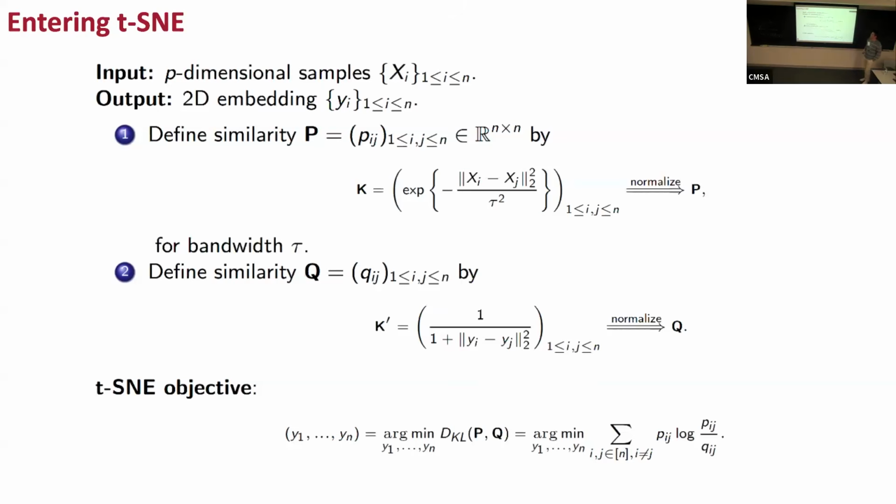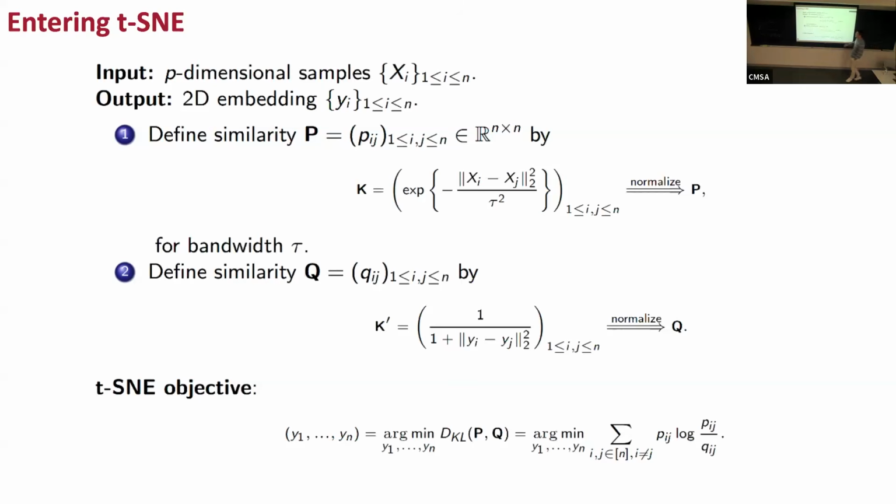You start from the original Euclidean observations, you construct a Gaussian kernel with some bandwidth, and you normalize that K matrix into this P. The normalization is essentially to make sure the row sums and column sums are all equal, and another operation is to make sure the sum of all the entries of the matrix is 1. That's just to make sure the similarity matrix P is invariant to the scale of your input data.